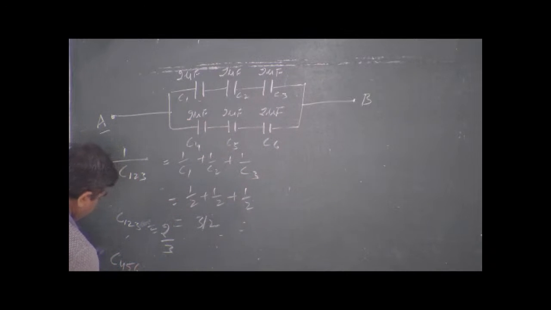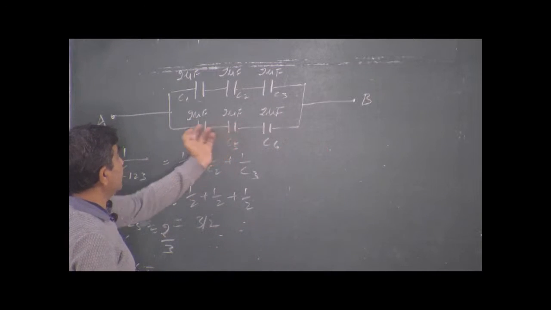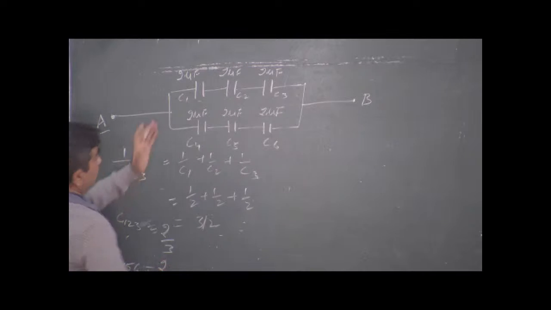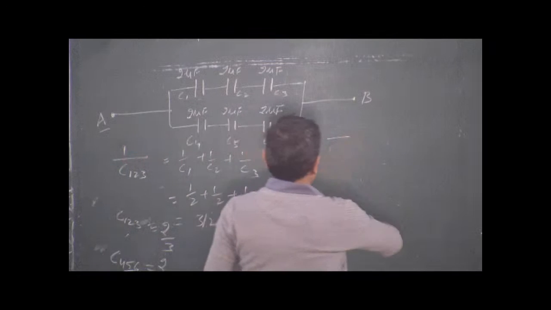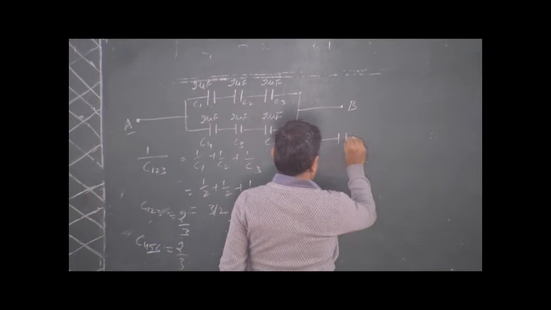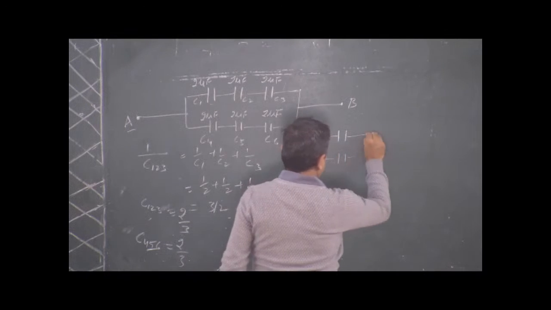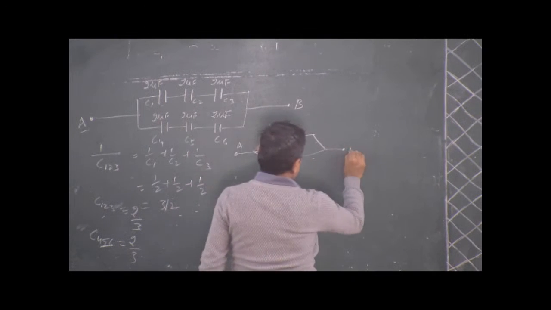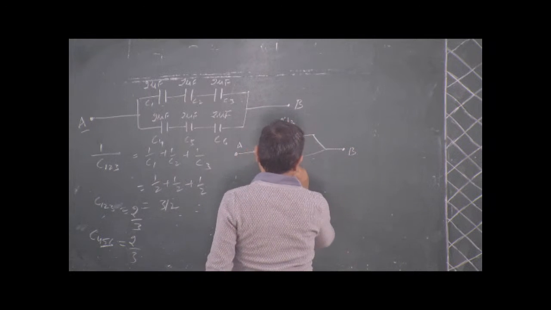C456 will be equal to, it is again a series combination. इसी तरीके से you will get the capacity of this combination also as 2 by 3, क्योंकि similar है. तो now this circuit reduces to, अब ये एक कैपेसिटर बन गया और एक ये बन गया, A, B. अब इसकी कैपेसिटी आपकी कितनी है 2/3 और इसकी भी 2/3.